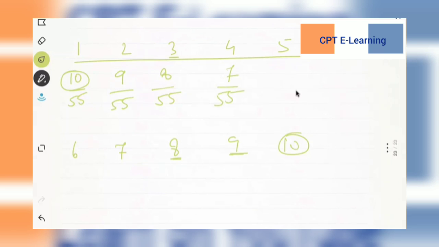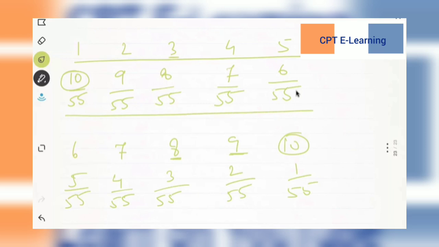For the fifth year, 6 divided by 55, and so on and so forth. Let me write it down all for you. So these are the depreciation figures that I will use to find out my calculation.